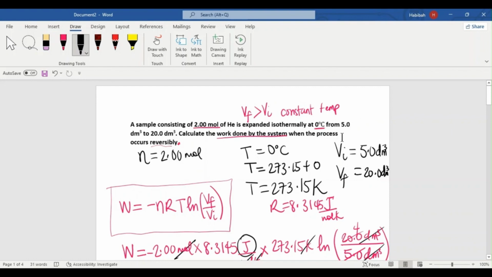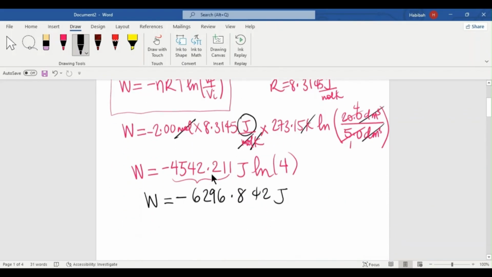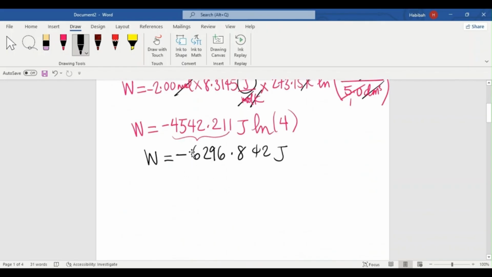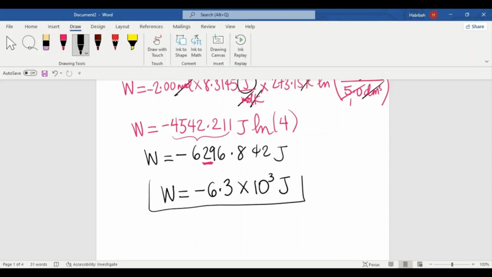We're going to stick to two sig figs, because you take the sig figs of whatever is the lowest in the values you're given, which is two sig figs. So the work is going to be negative 6.3 times 10 to the power of 3 joules. So this is the answer to the question.